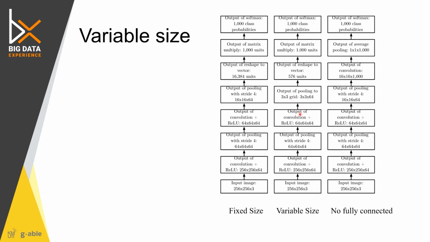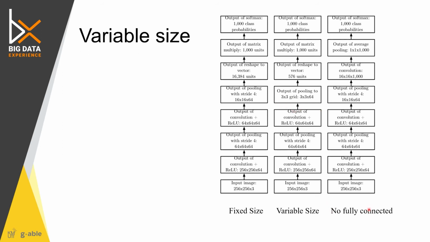Whatever the size here is, we pool to a 3 by 3 grid, and then use these to perform classification. And that's why it's called variable size. The size of the image up here can be changed, down here can be changed, but the part above will stay the same, fixed to a 3 by 3 grid.